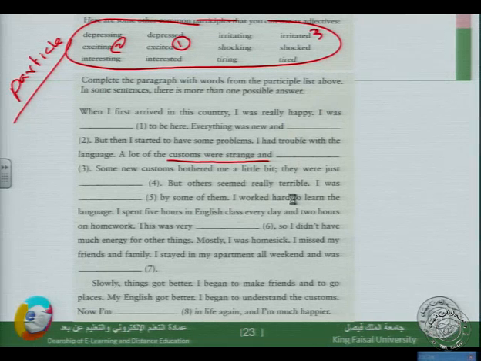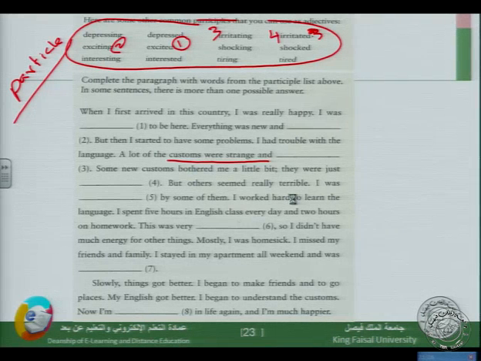So we go here, 3. Some new customs bothered me a little bit, and they were actually irritating. So here it's number 4 and here number 3. But others seemed really terrible.